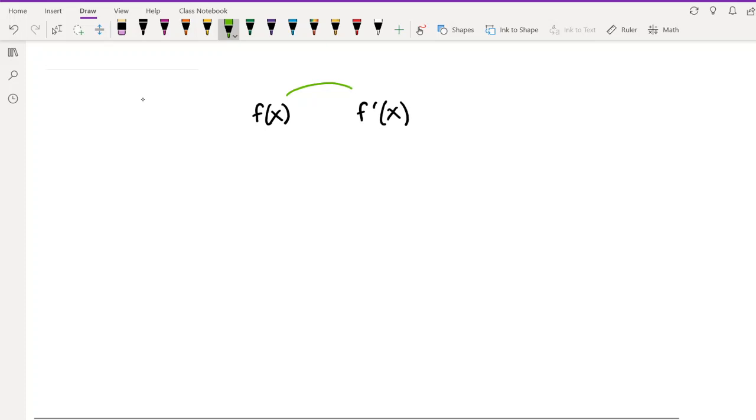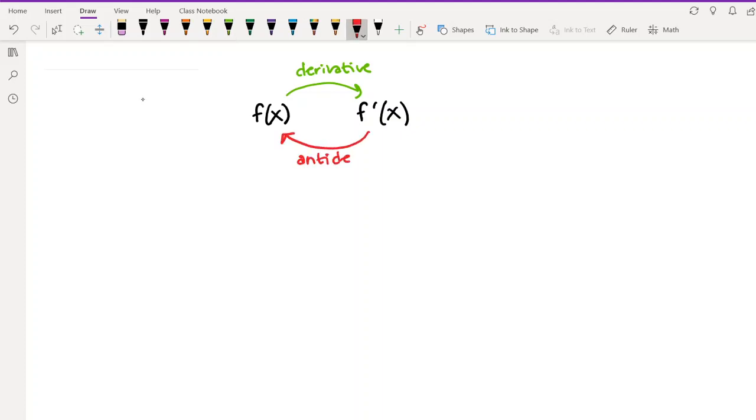So going this way is taking the derivative, and that means that if you go the other way, that's taking the antiderivative. If you take the antiderivative of little f, that's where we introduce this big F.